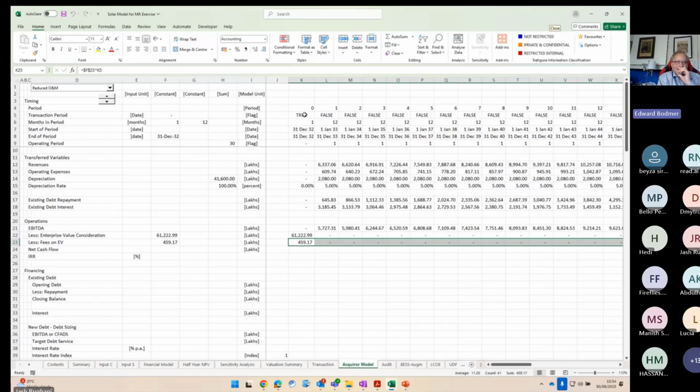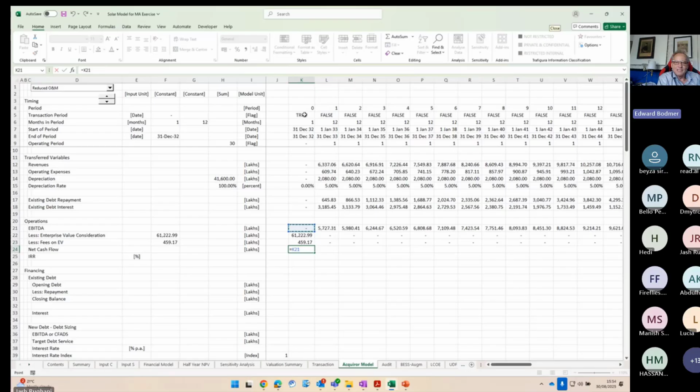Okay, and then our net cash flow is what we get in EBITDA minus the next ones. Now, accidentally, it says reduced O&M. I think I did my sensitivity analysis. Let's do something again. Shift Control R.